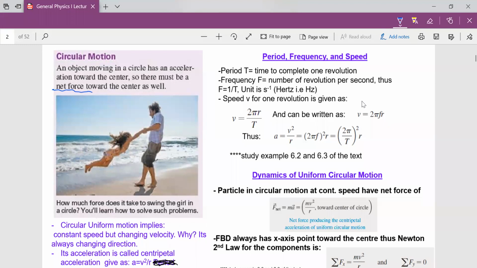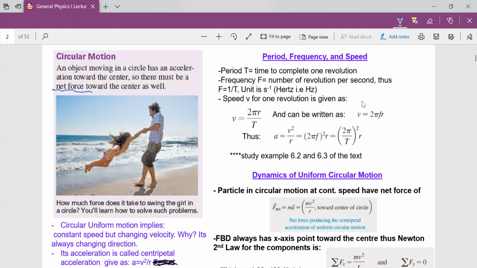So whenever we mention uniform circular motion, it implies that we are saying it's a motion with constant speed, but changing velocity. Okay. Now, this is where it differs from motion on a straight line.